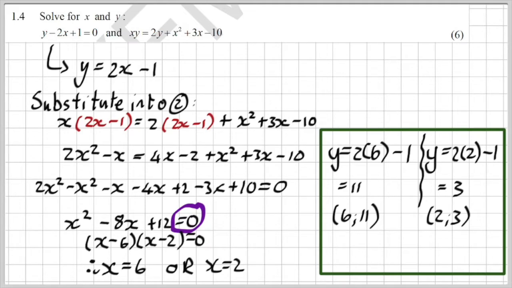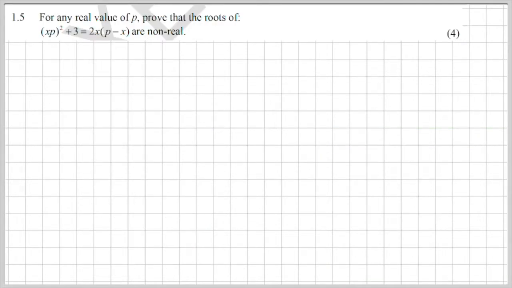So when we look at the last one, which is another application of graphs, or of equations actually, it is determining whether roots are real or non-real. So let me give you my 2 cents worth on how to solve an equation like this. It says here, for any real value of p, prove that the roots... okay, so I read the word roots.